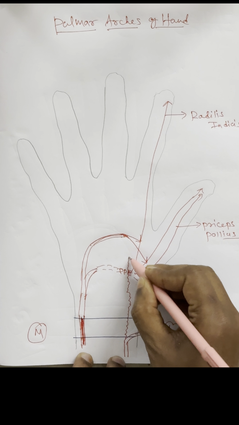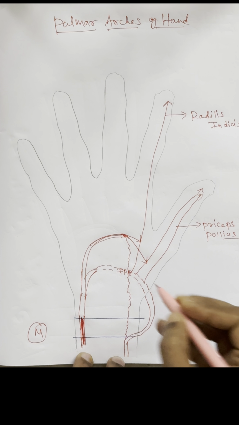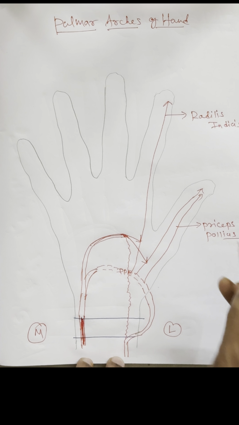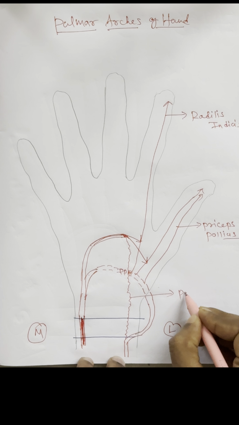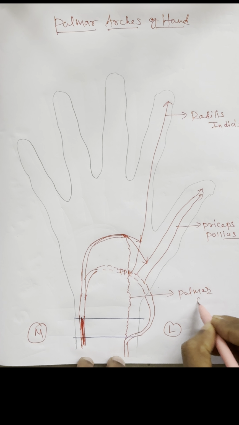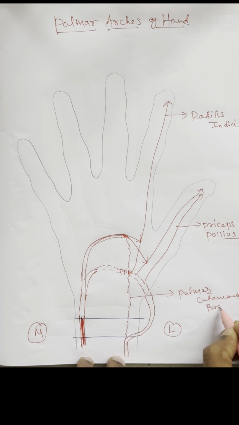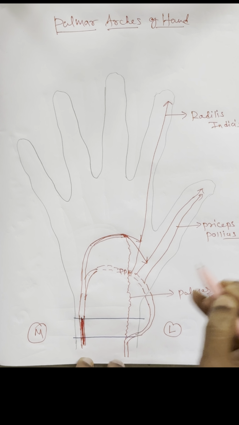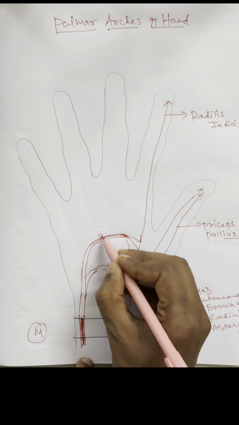This palmar cutaneous branch goes and attaches with the superficial palmar arch here, right? So this is known as the palmar cutaneous branches of the radial artery, right? So the entire anastomosis is completed here, and it forms the superficial palmar arch.